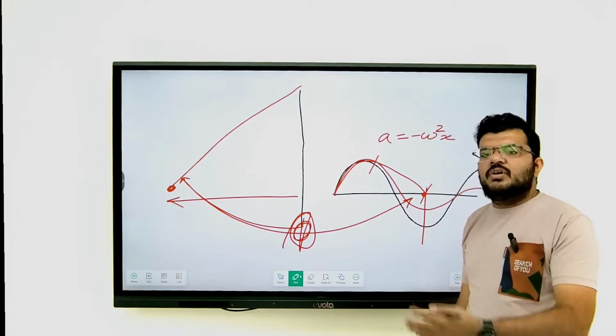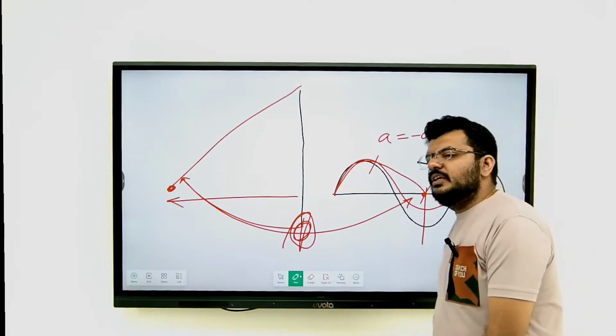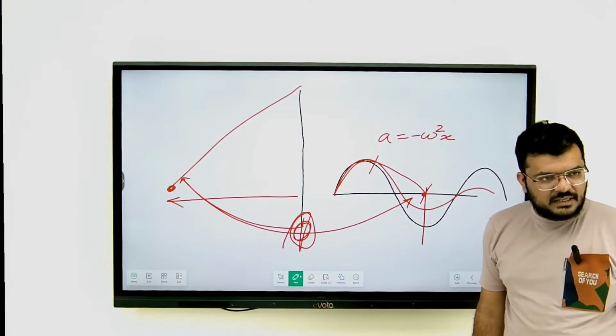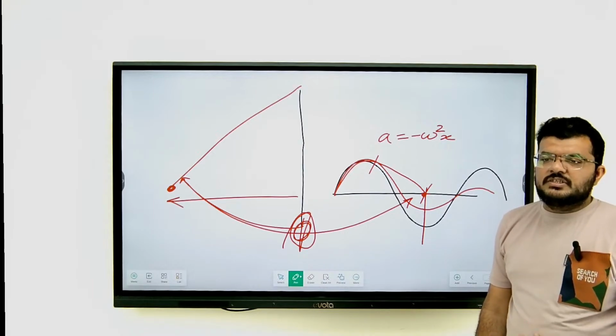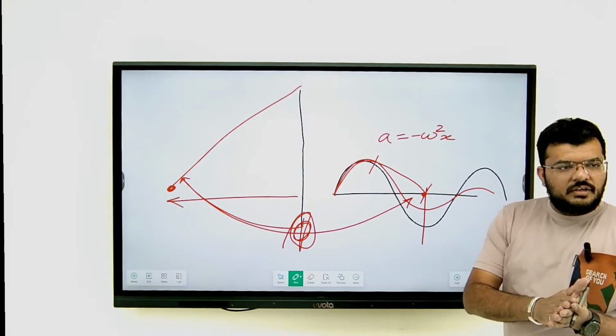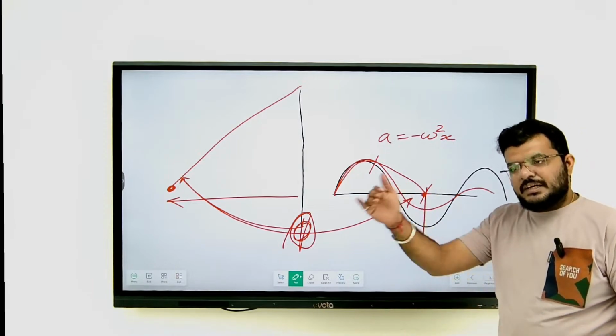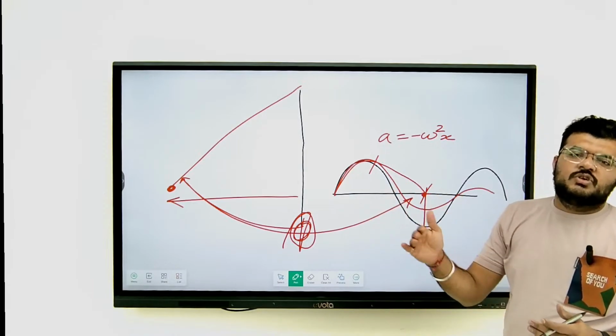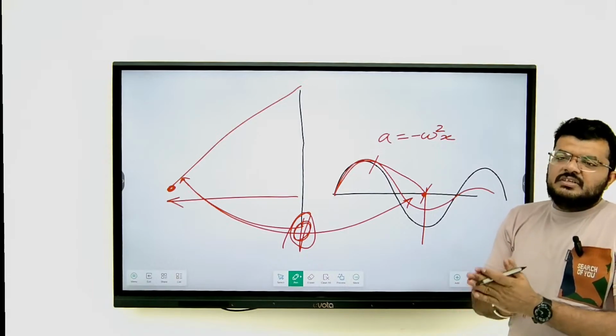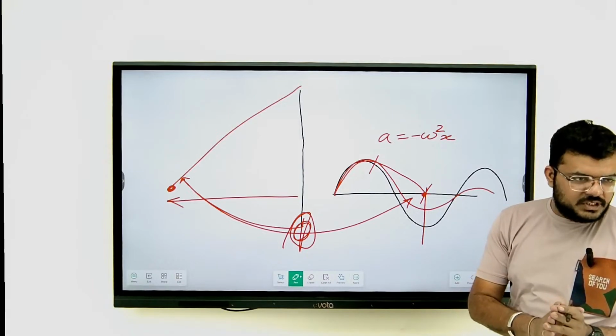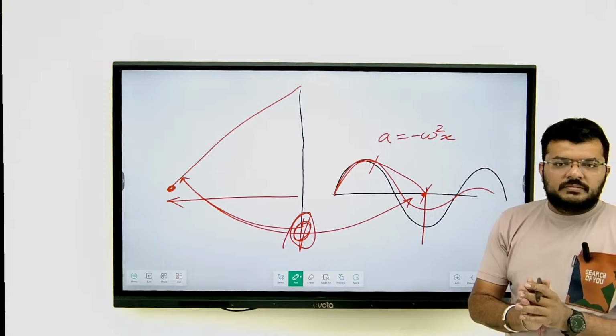These forced oscillations can also produce resonance, right? If the frequency of the vibrations produced by these forced oscillations matches the natural frequency of the object, it will resonate.